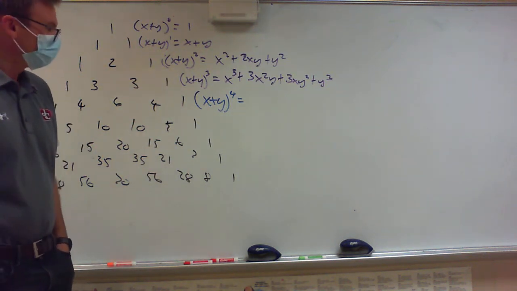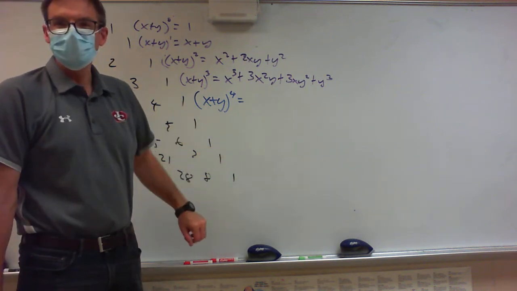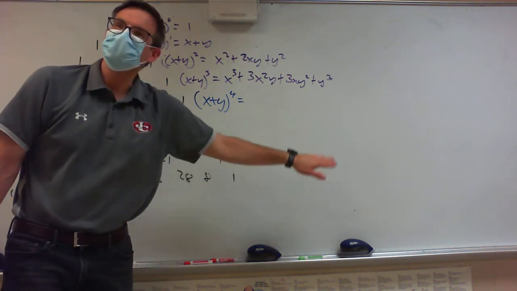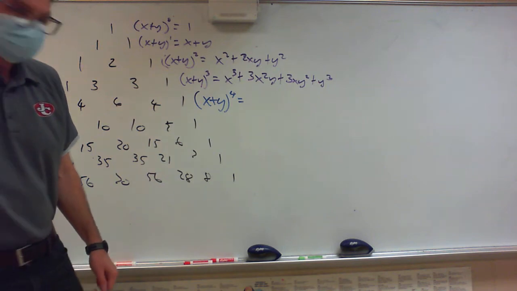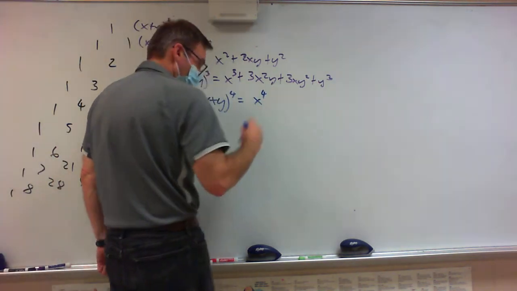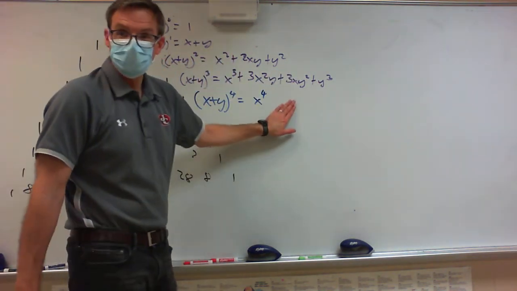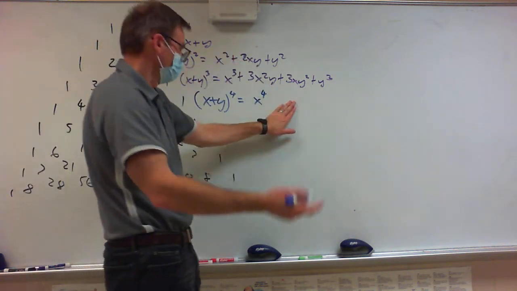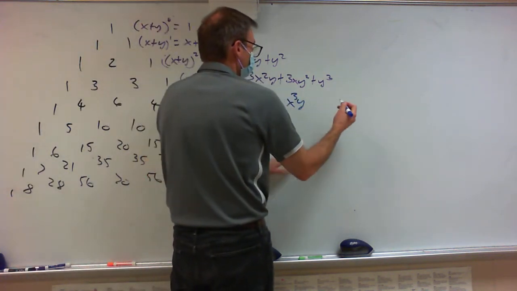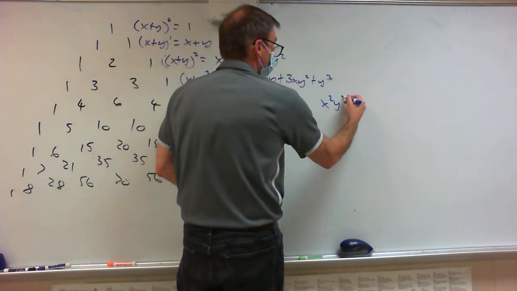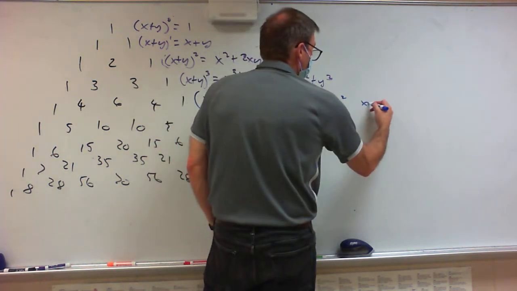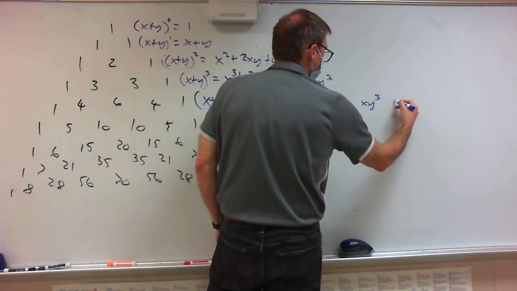All right? So, if it's x plus y to the fourth, what are the letters? We're going to worry about the letters first. So I've got x to the fourth. What's the next term going to be? x cubed y. x squared y squared. x y cubed. And then y to the fourth.